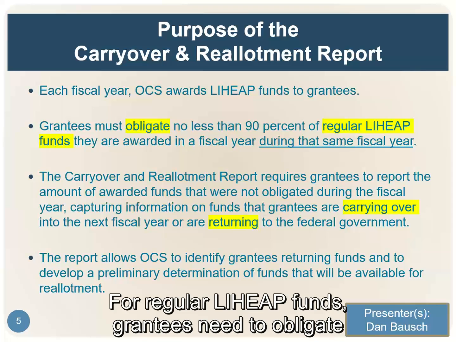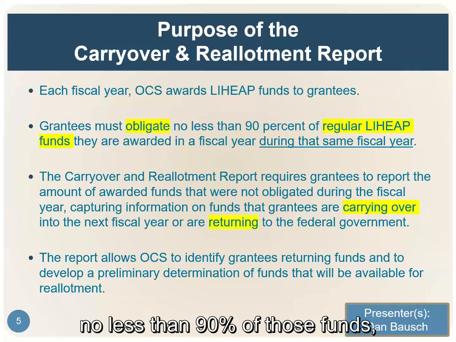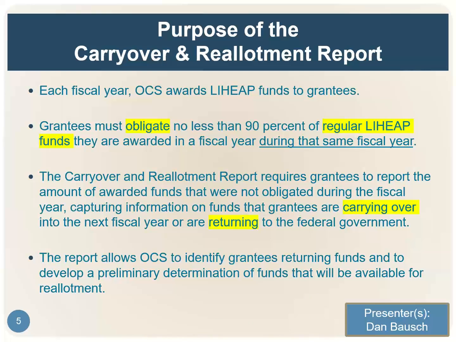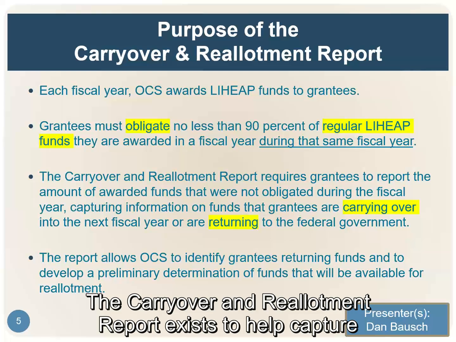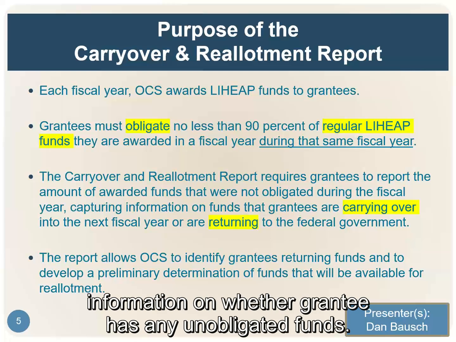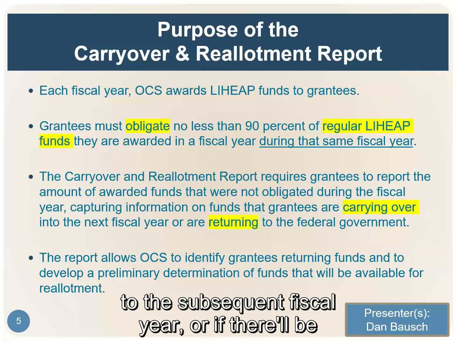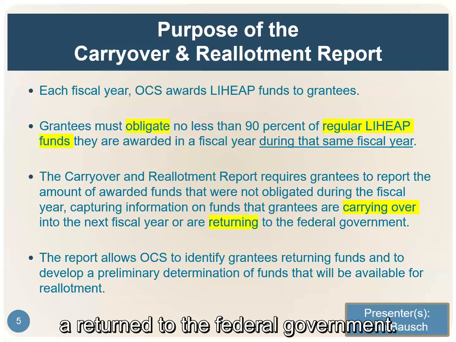For regular LIHEAP funds, grantees need to obligate no less than 90% of those funds in the fiscal year that they were awarded. The Carryover and Reallotment Report exists to help capture information on whether a grantee has any unobligated funds and if they're going to be carried over to the subsequent fiscal year or if they'll be returned to the federal government.